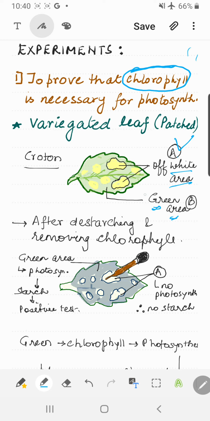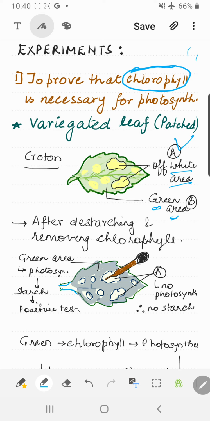Now you will pluck off this leaf. You will remove the chlorophyll by boiling it in water, then boiling it in methylated spirit, and again keeping it in boiling water so that it softens up, so that your whole leaf becomes off-white. Initially I drew this leaf off-white only because you can see the color in those patches. It was off-white only.